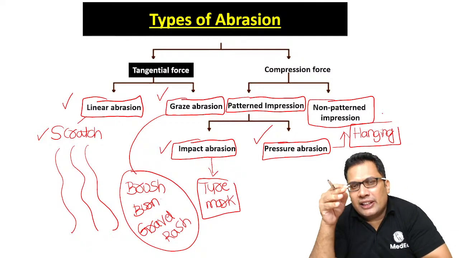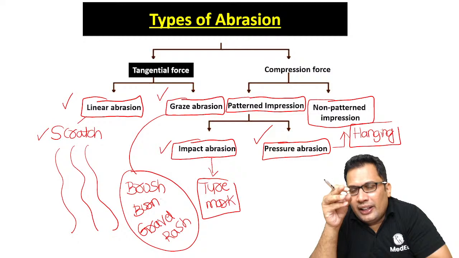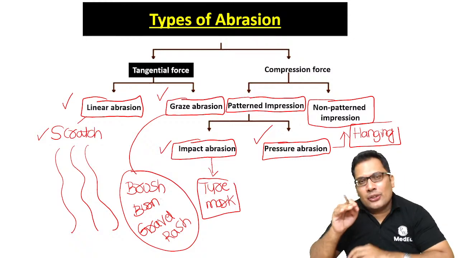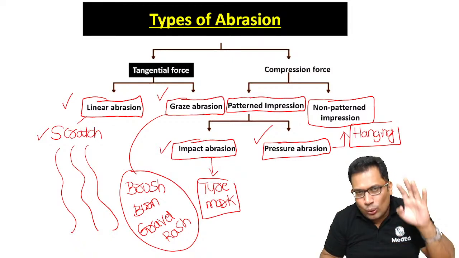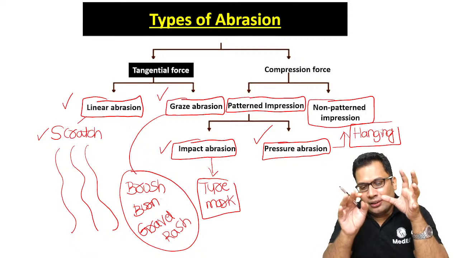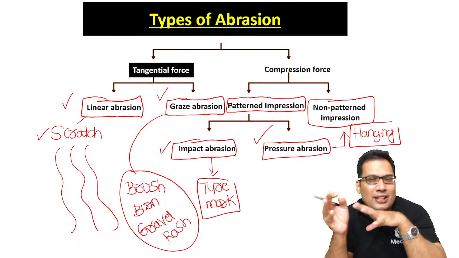In hanging we see a ligature mark, a dry, hard, parchmentized ligature mark, which is an example of pressure abrasion. I'll repeat again: abrasions are classified into 4 types: scratch abrasion, graze abrasion, imprint abrasion and pressure abrasion.